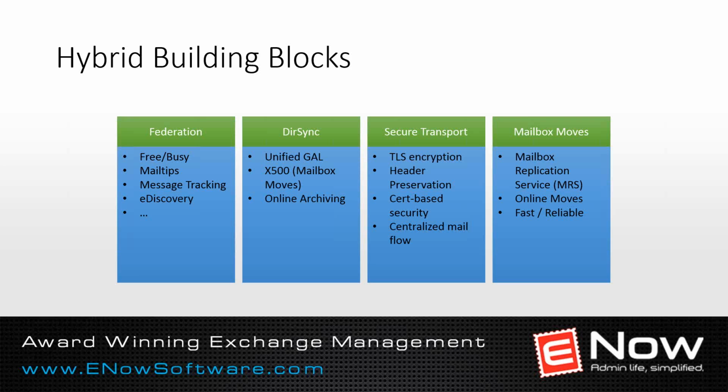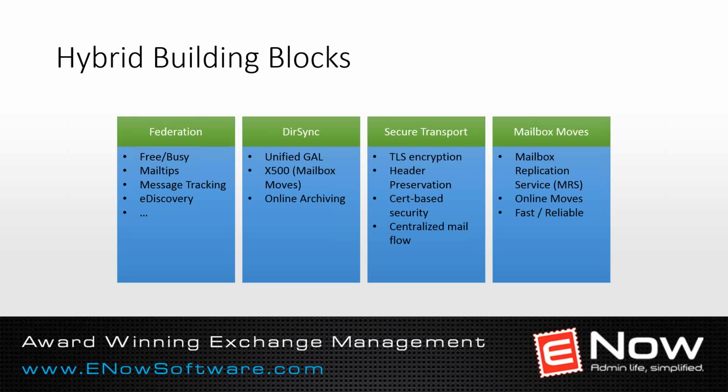Theoretically, yes, you could do that without doing DIRsync, but it's not supported if you do that. So I'll dive deeper into the DIRsync part when we're talking about troubleshooting DIRsync. And it's also an enabler for features like Exchange Online archiving, where you have your mailbox on premises, but still have an archive in the cloud, and these two coexist with one another, and DIRsync plays a major role there.